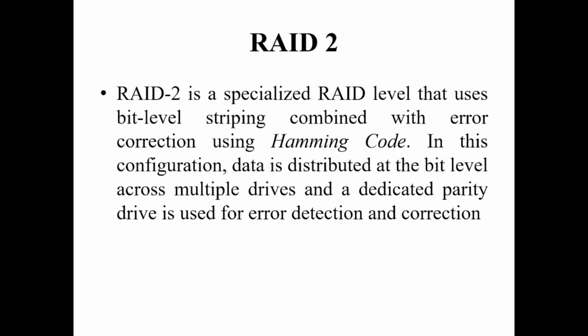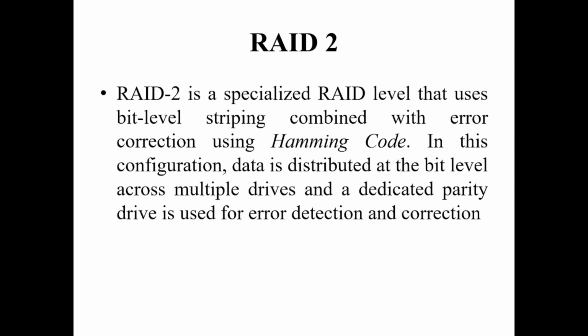Okay, and here we are going to see about RAID 2. RAID 2 stores data by splitting it into very small bits and spreading it across multiple disks. It uses error correction, which is Hamming code.